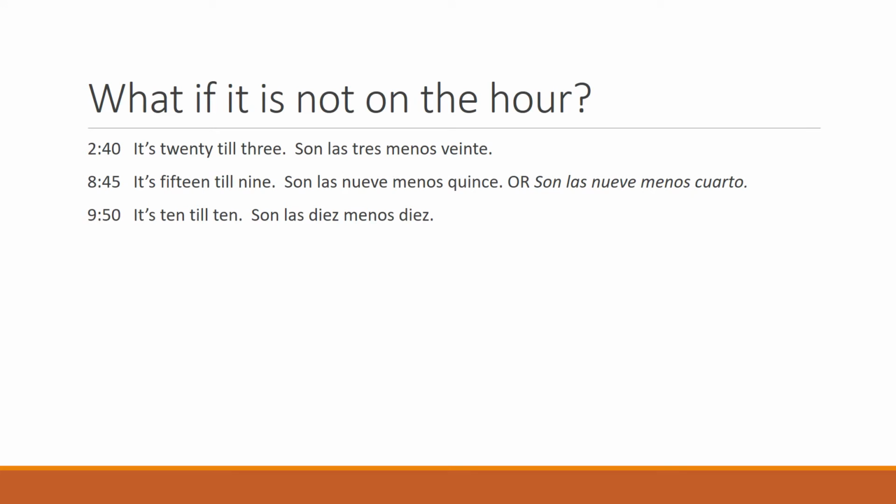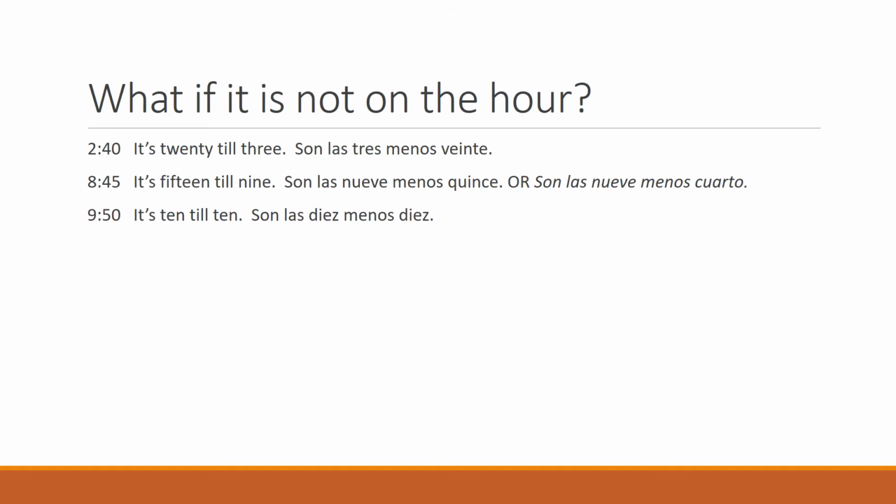Now, if it is 20 till 3, so anything after the 30 mark, you would say son las 3 menos 20, which literally means it is 3 o'clock minus 20. So 2:40 is 3 o'clock minus 20 minutes.